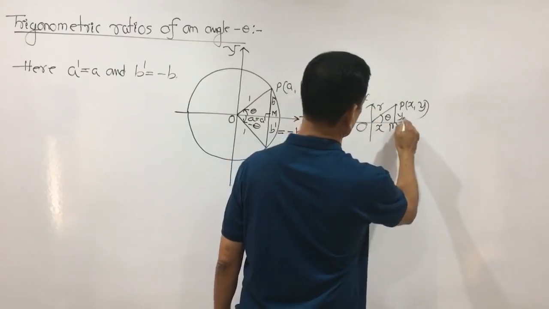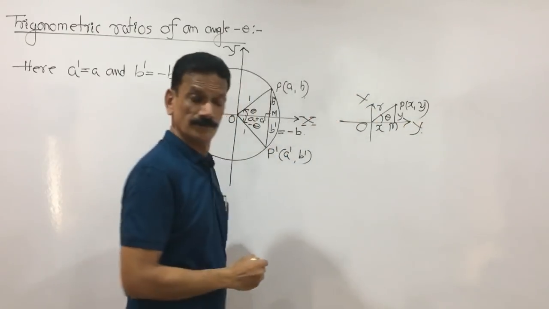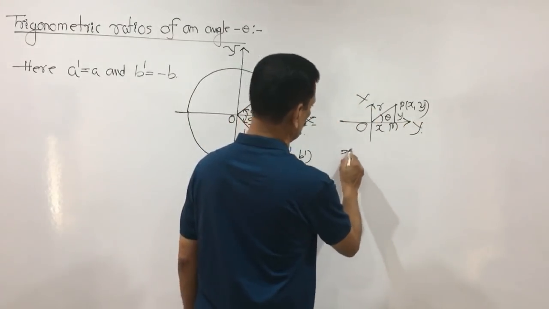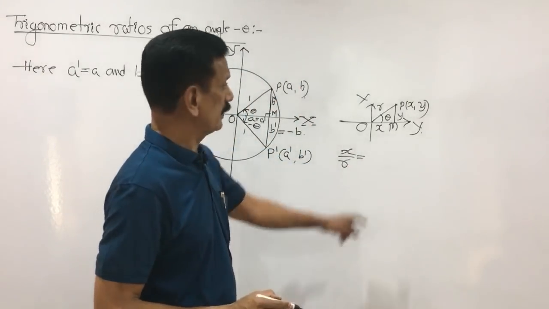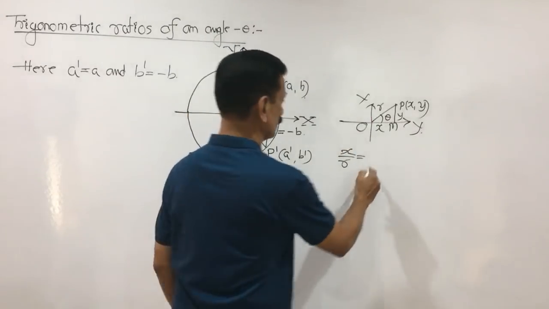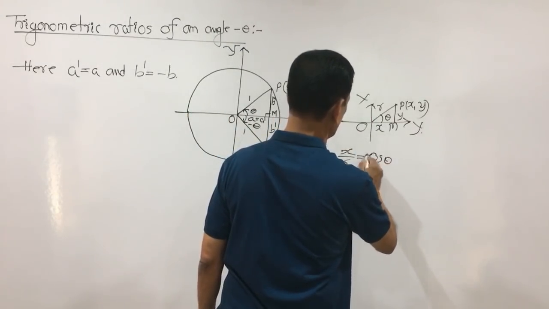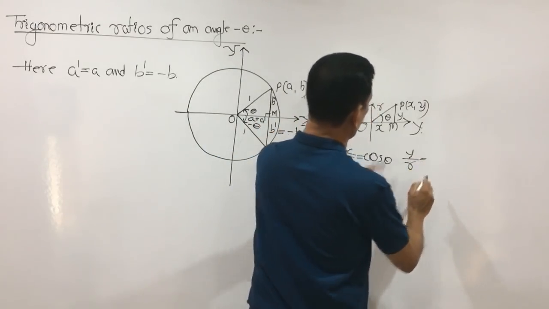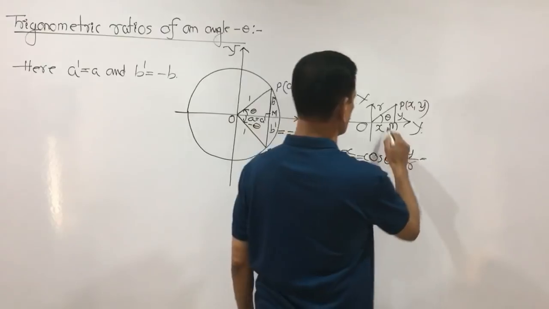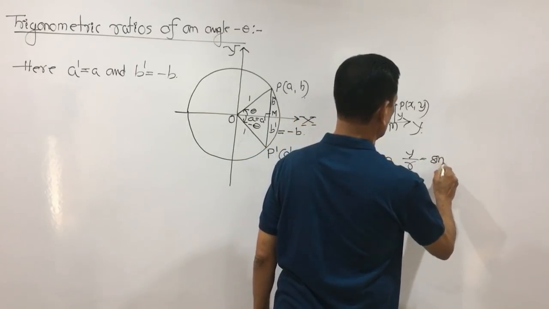This is your X axis, this is your Y axis. Then we know that X by R, which is abscissa divided by distance, is cos theta, and Y by R, which is ordinate divided by distance, is sin theta.